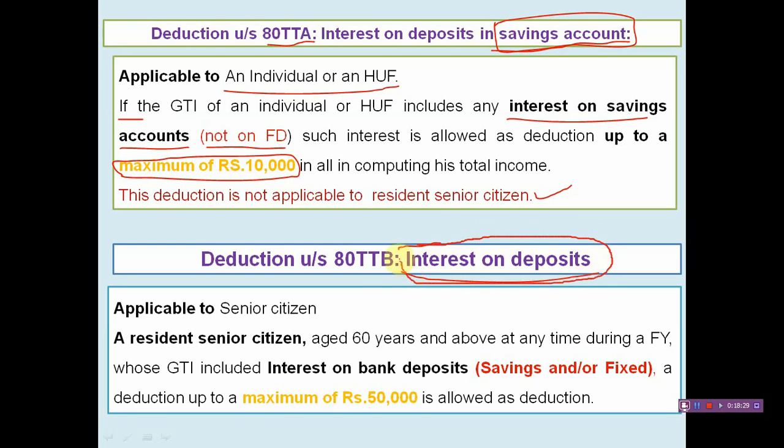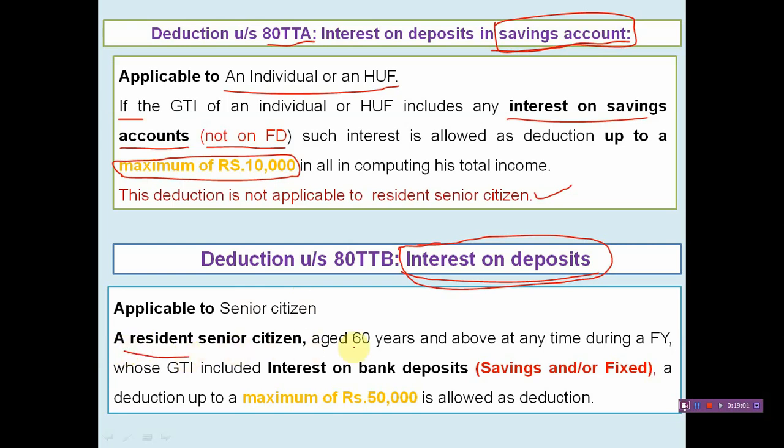Here savings bank and fixed deposit are also covered. It means any interest from bank on savings bank or fixed deposits account, such interest can be allowed as a deduction to senior citizen up to rupees 50,000.